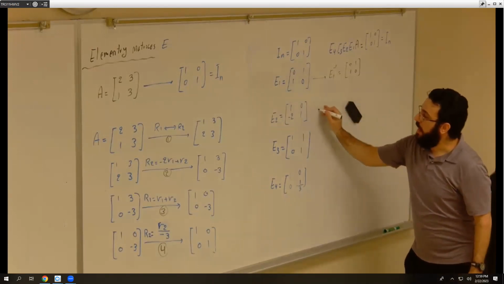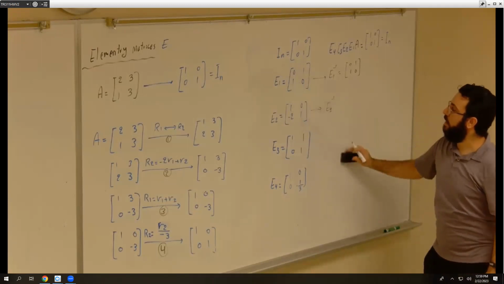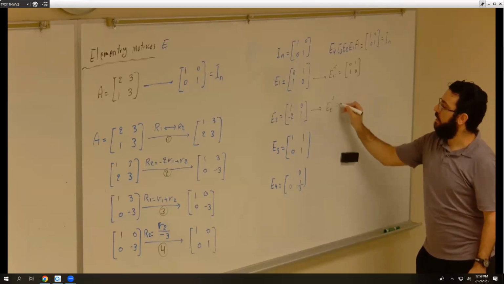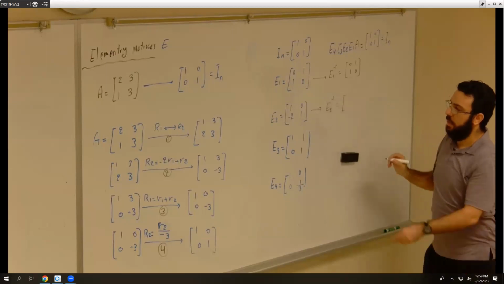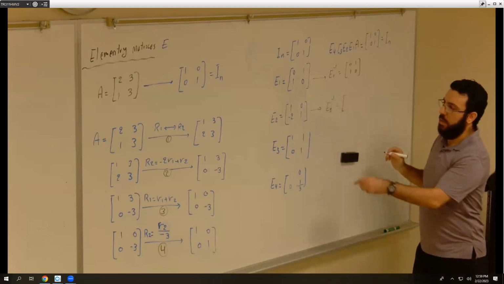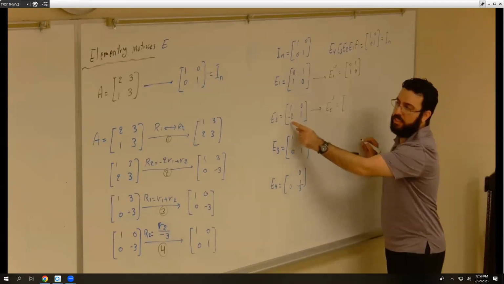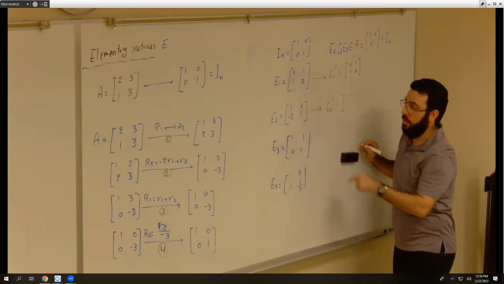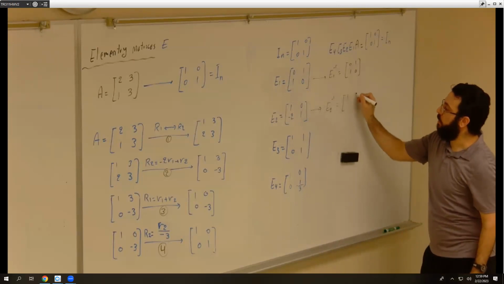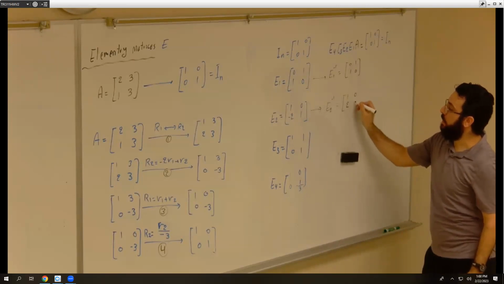What about if I need to find E2 inverse? What's the result? Check 1, 0, here's 1. This number is going to be positive. So the E2 inverse is going to be 1, 0, this one is going to be positive, and keep this one as a 1.